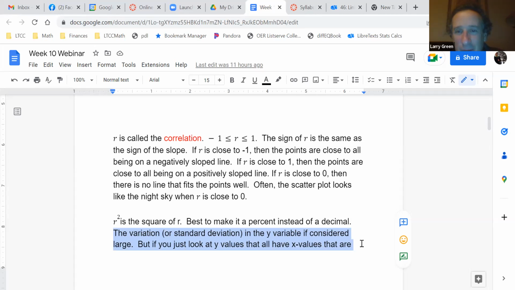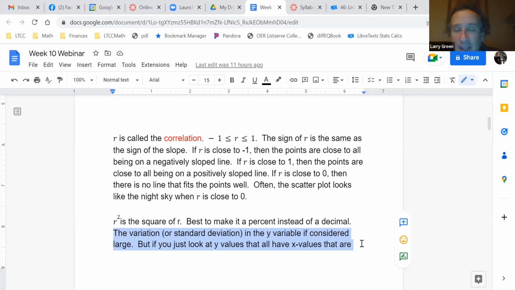And the second variable is their score in the class, their total percent course grade, as a percent. And R squared in that case might be something like 0.9.